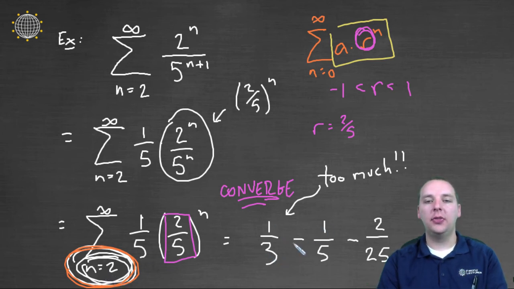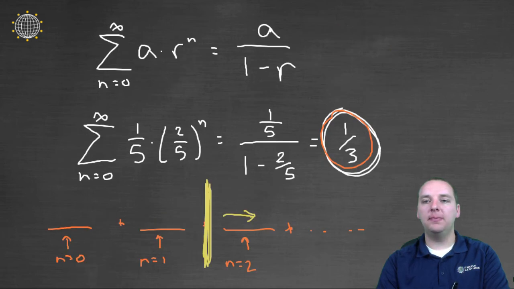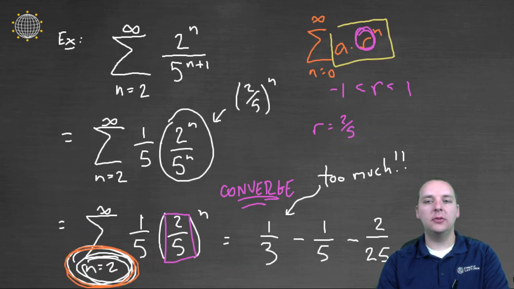All right, so we have a third minus a fifth minus 2 over 25. So let's calculator punch that a little bit. I'll clear this out because I don't really need it anymore. I need a common denominator. I think 75 would probably be about the smallest thing we could use. So we'd have 25 over 75.